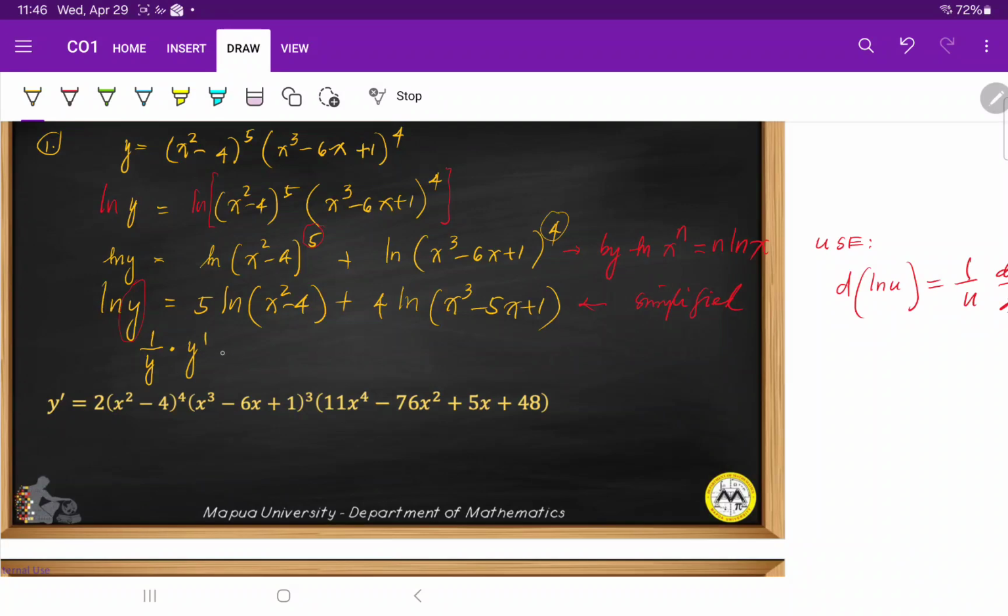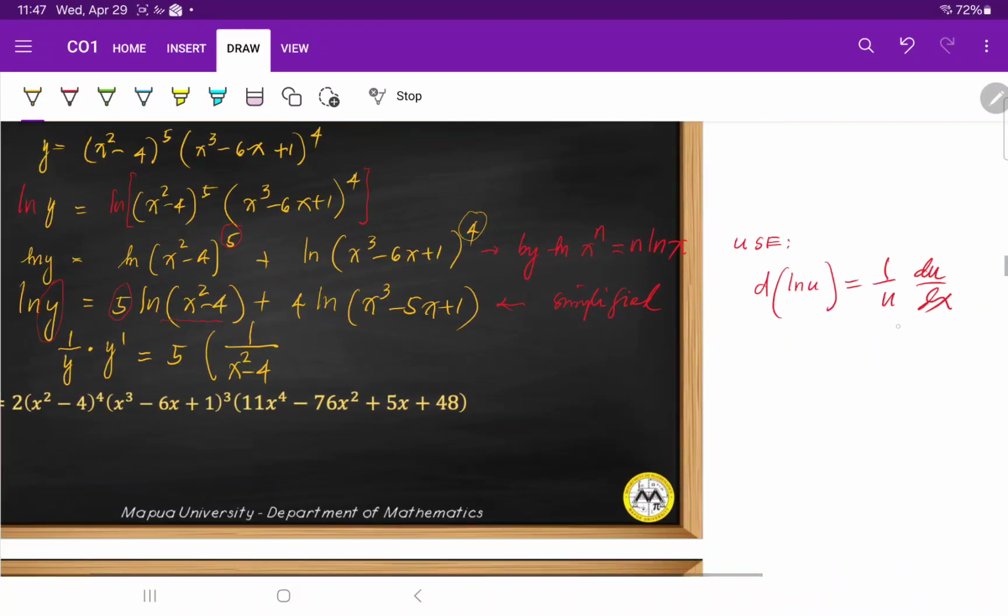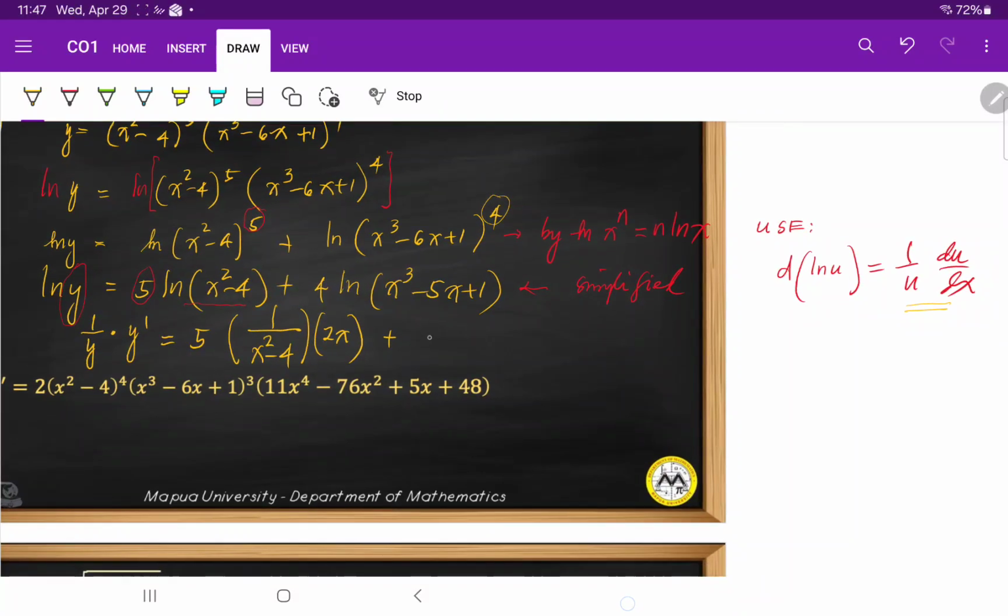Represented by y prime. Then on the right side, we have a constant times ln of u. We write the constant first, and then take the derivative of the next term. So we have 1 over x squared minus 4, using 1 over u times the derivative of u, which is 2x, plus 4 times ln of x cubed minus 5x plus 1.